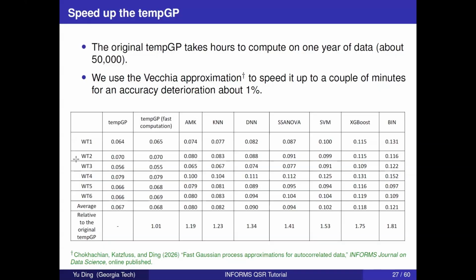If we use TempGP as a reference, TempGP in the last row should be 1 because it's itself. The faster version of TempGP is only 1.01, an increase of 1%, okay? TempGP was able to reduce the RMSE of model fitting from the binning method by nearly 80%. That's a pretty significant reduction.